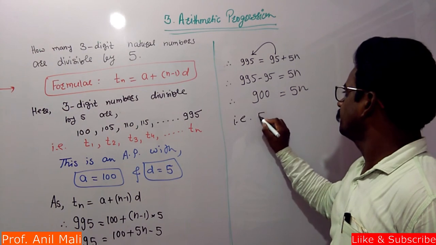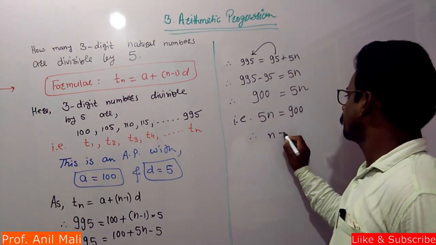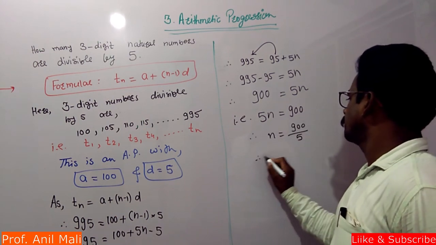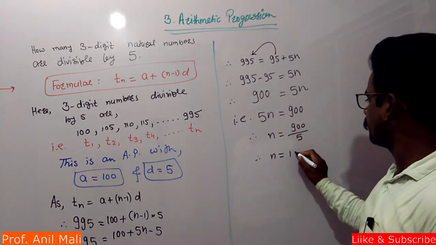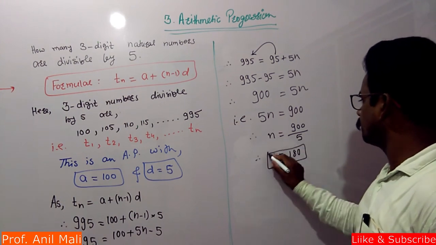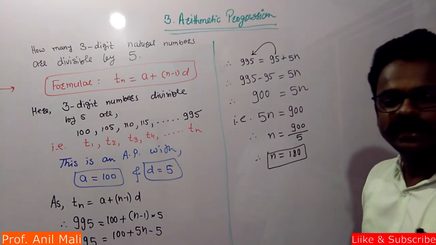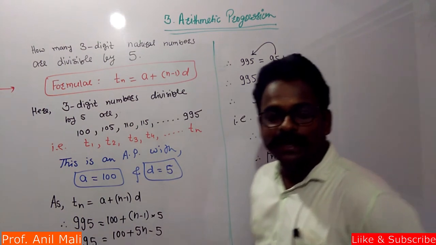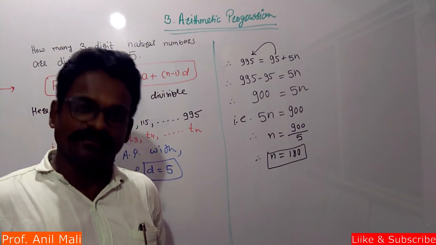Therefore n is equal to 900 divided by 5. So n is equal to 180. So a total of 180 terms are there, which are 3-digit numbers divisible by 5.